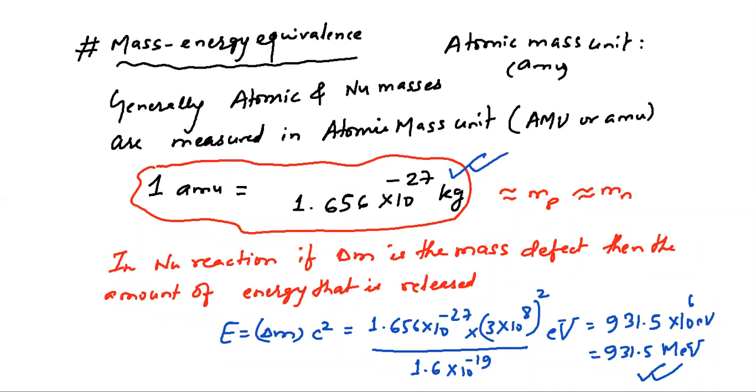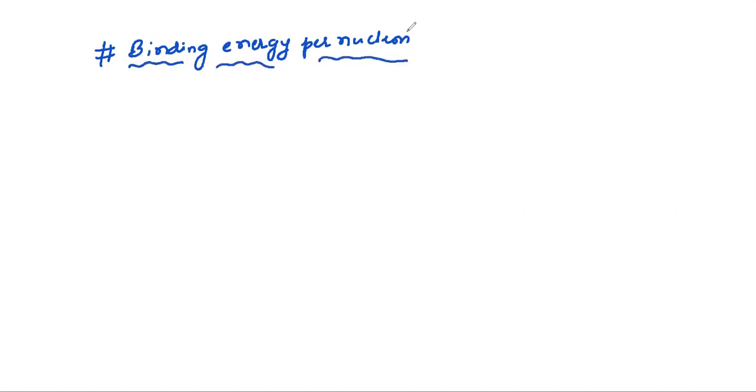Now we'll discuss one more concept, that is called binding energy per nucleon. Let us try to understand this concept, because this will help us to decide whether a nucleus is stable or not, or which nucleus is more stable. So it is used to compare the stability of different nuclei.